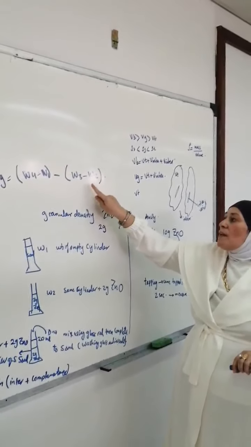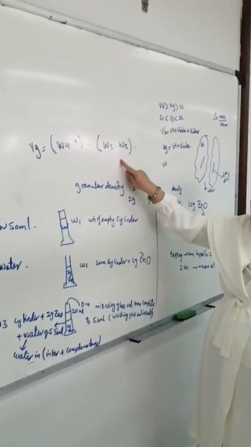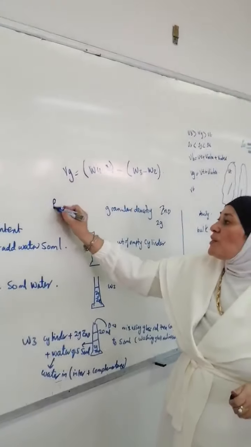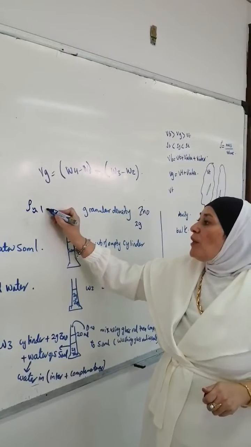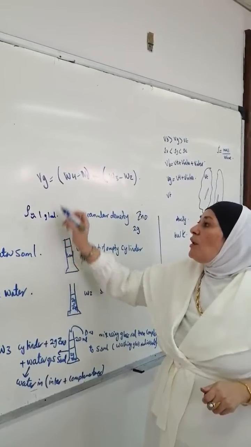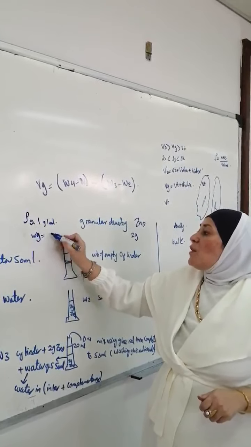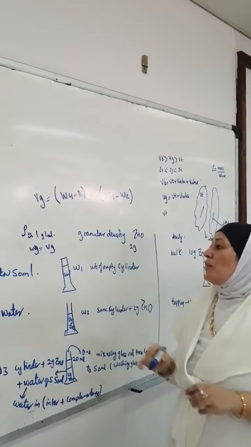We will get the volume of the water where the powder is in. Because the density of water is almost 1 gram per ml, the weight is the same. So WG is equal to VG.